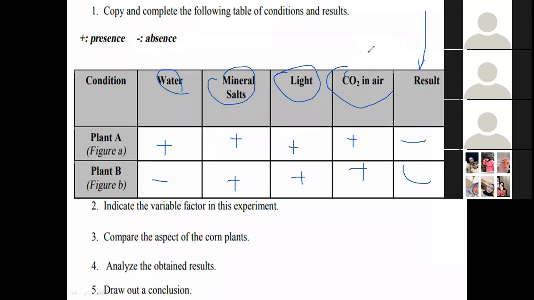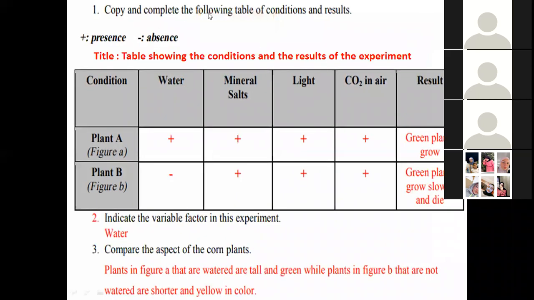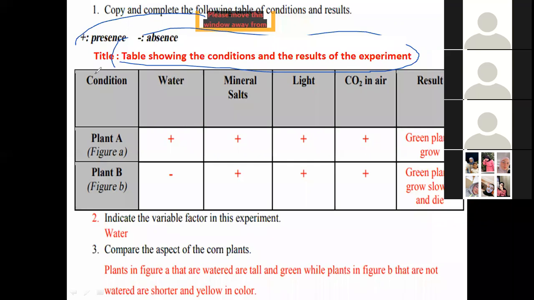What do we call it? When you submit your paper, I told you you have to write it down. The title of the table, right? So you have to write: Table showing the conditions and the results of the experiment. This is the title. And don't forget the legend: plus means presence and minus means absence.